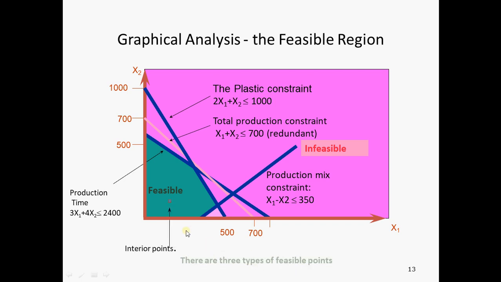One is the interior points. There will be plenty of interior points, but nothing to worry about all those points. Only the boundary points, that's what we're discussing now. Step 3, boundary points means O, A, B, C, D, and these are the exterior points. They will not come into the picture, because they are infeasible, not in consideration at all. So only the boundary points you have to take.